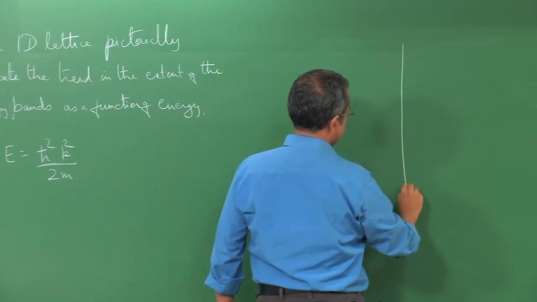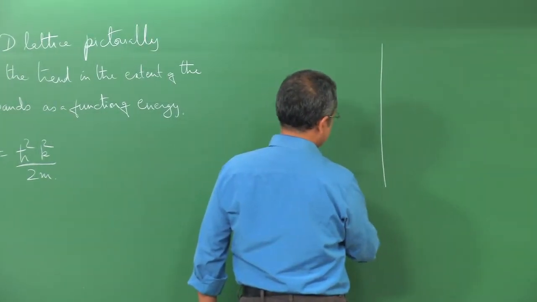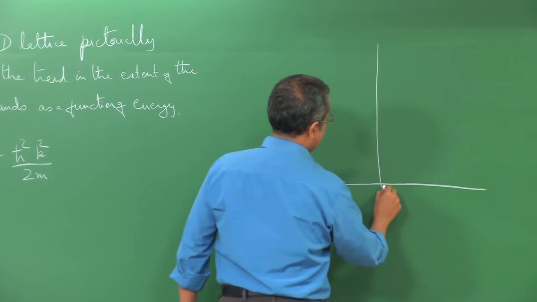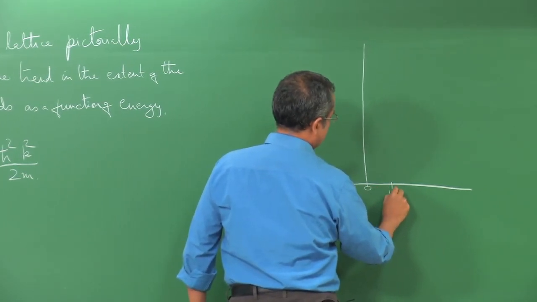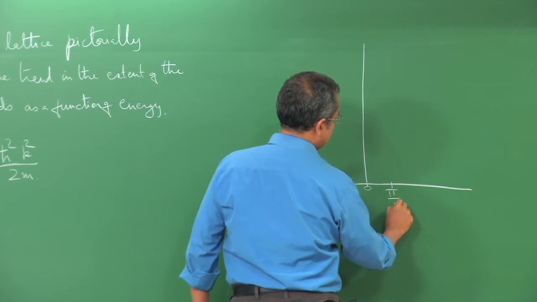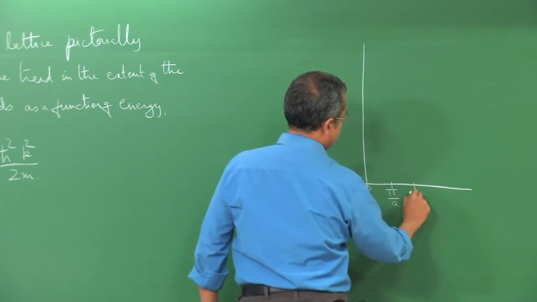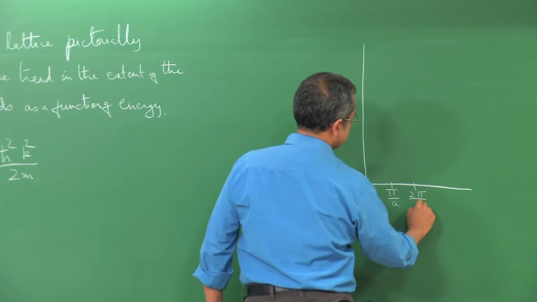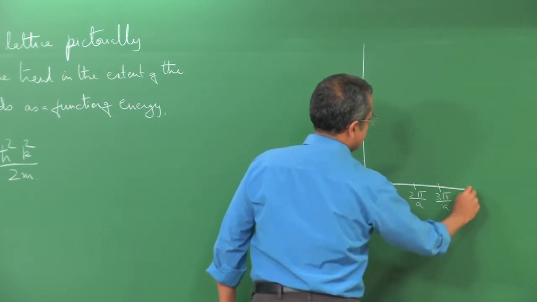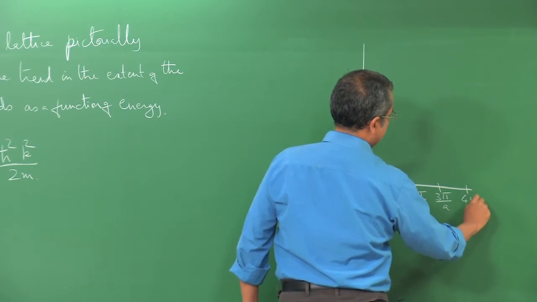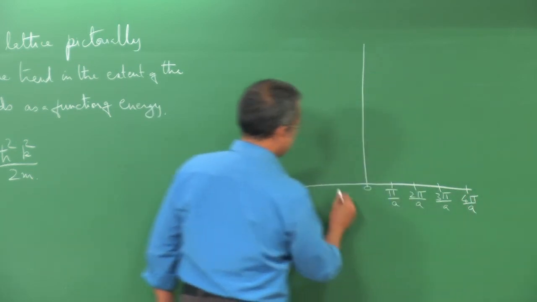We have E here, we have K here, and this is the origin. We have Brillouin zone boundaries at intervals of pi by a. So, pi by a, 2 pi by a, 3 pi by a, and 4 pi by a. I will just pick 4 such boundaries, and similarly we will come back here.